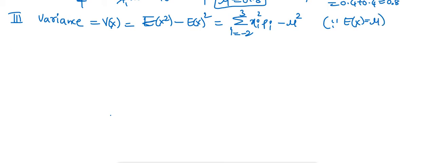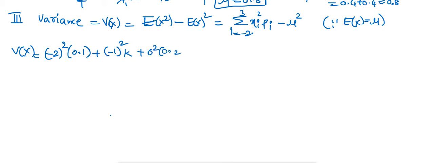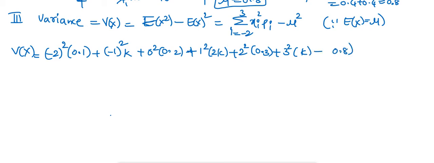V of x equal to summation minus 2 to 3, that is nothing but minus 2 whole square into pi is 0.1 plus minus 1 whole square into k plus 0 square into 0.2 plus 1 square into 2k plus 2 square into 0.3 plus 3 square into k minus mu, 0.8 whole square.